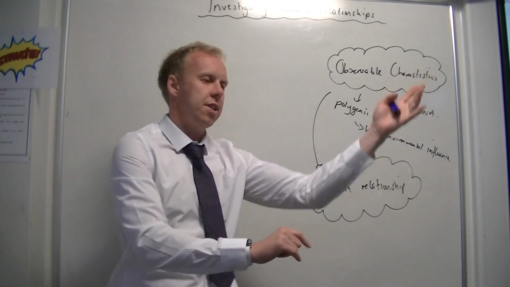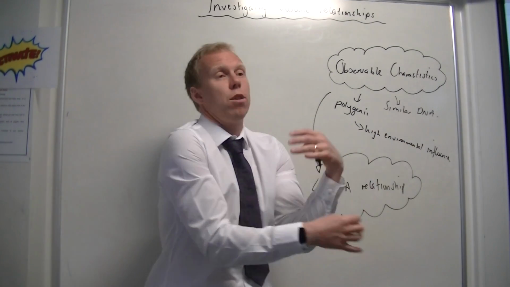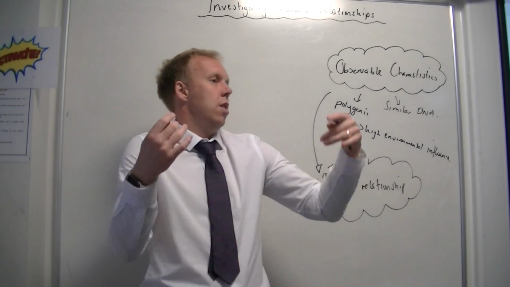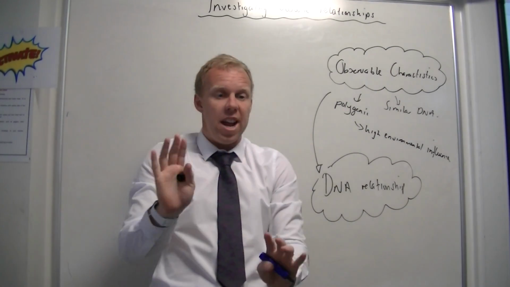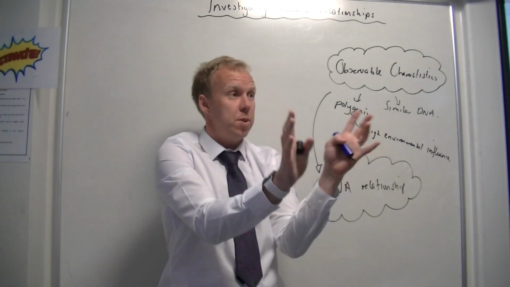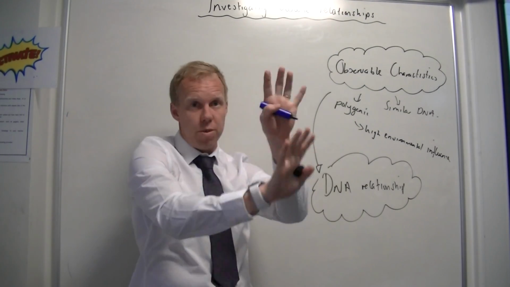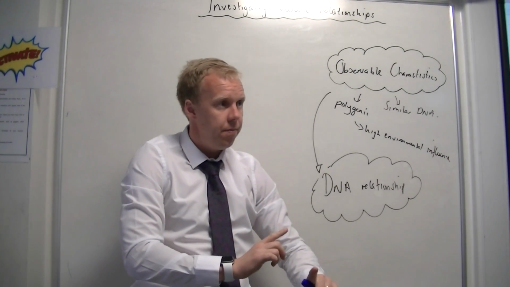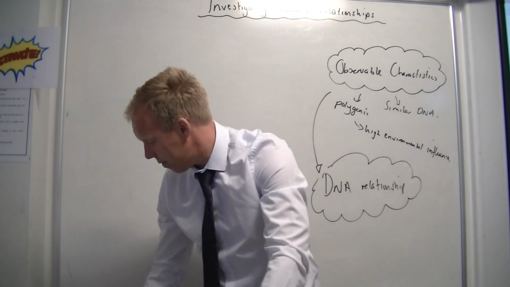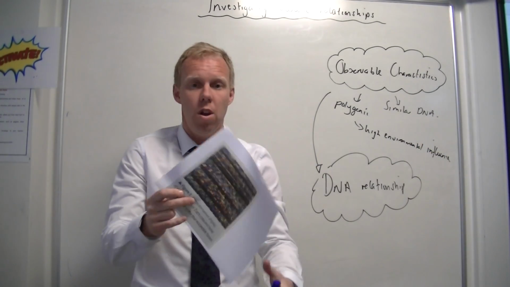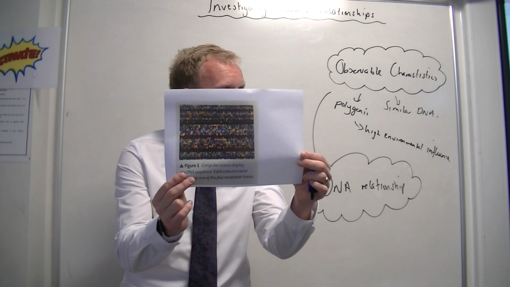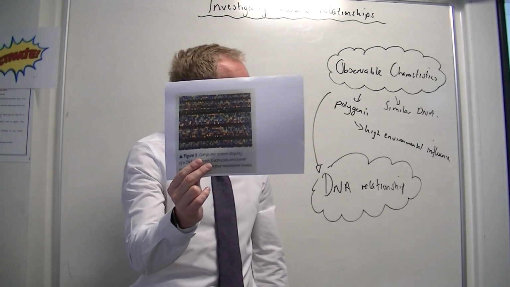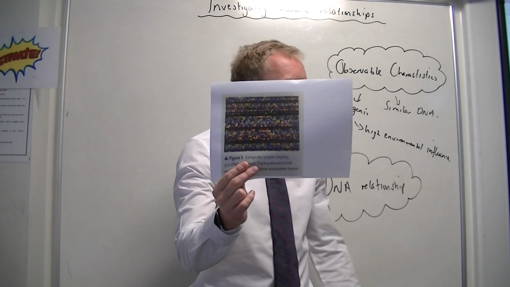Okay? So in the classic example, we always try to see how closely related we are to monkeys, chimps, orangutans, and so we will take the DNA sequence for a specific gene from all the organisms we're looking at, and we'll compare them. Okay? And what I've got on the board, and in a picture here, for those that are watching, is an example. Okay? An example of a DNA comparison.